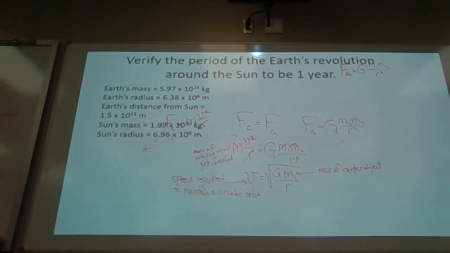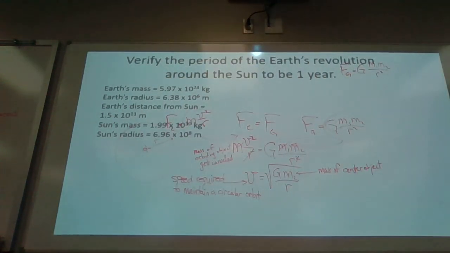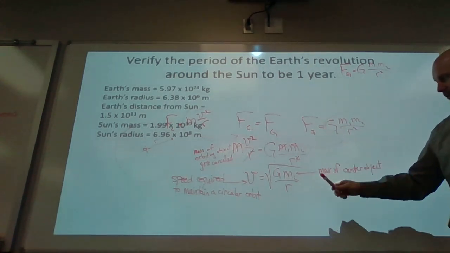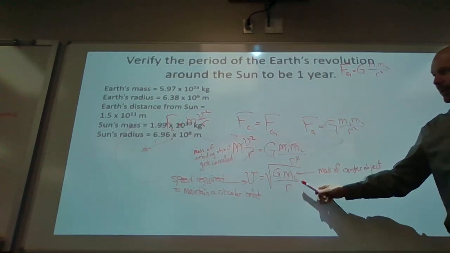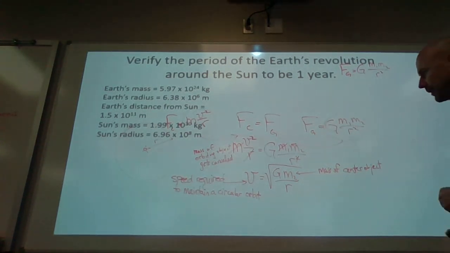So let's use our newfound equation to validate or verify that the Earth takes a year to go around the sun. Okay, so anytime you're in orbit, we're going to assume it's circular, and we've got this expression.